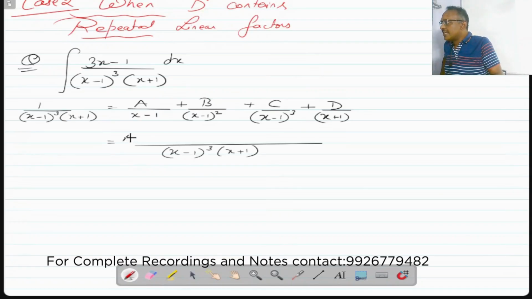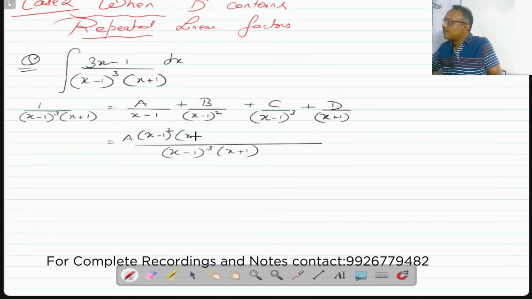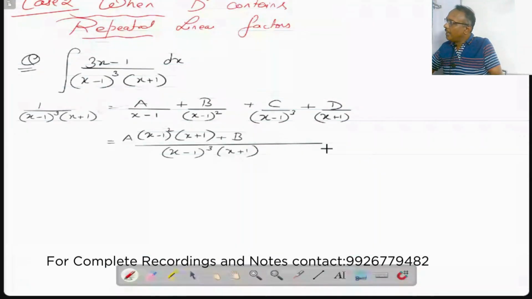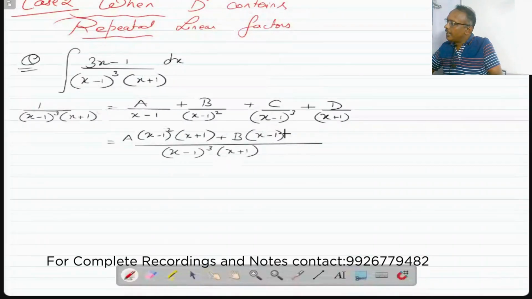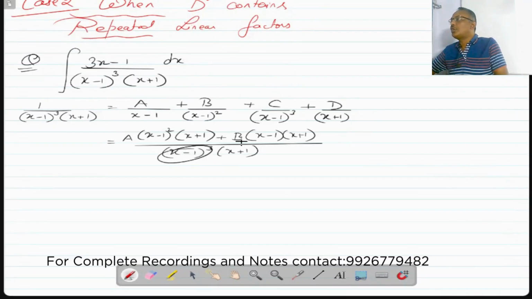a के पास एक x minus 1 है तो क्या नहीं है, x minus 1 the square and x plus 1. b के साथ x minus 1 का स्क्वायर है तो क्या नहीं है, it would be x minus 1 and x plus 1. C has all the x minus 1 cube.